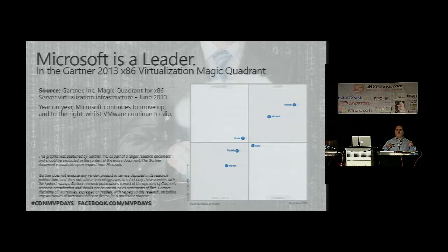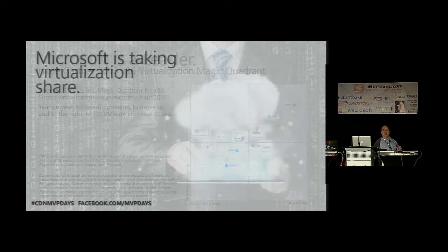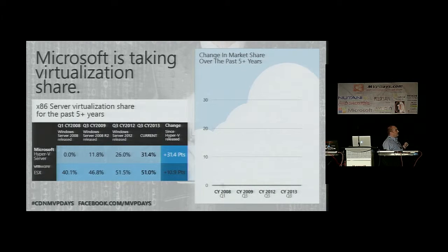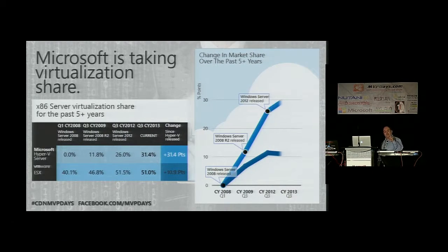Basically, everything you can do with VMware, you can do with Hyper-V. The only big difference between them is the cost of the license. That is one of the reasons the growth of Hyper-V is going up relative to VMware.